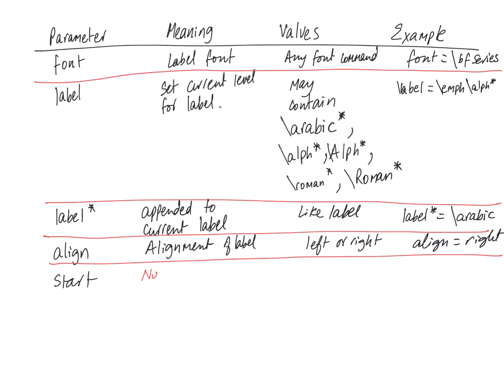So number of first item. Let's use the same color code. Sorry, I wanted to use the black color. Number of first item. Integer. Yeah. Let's say start at 10.